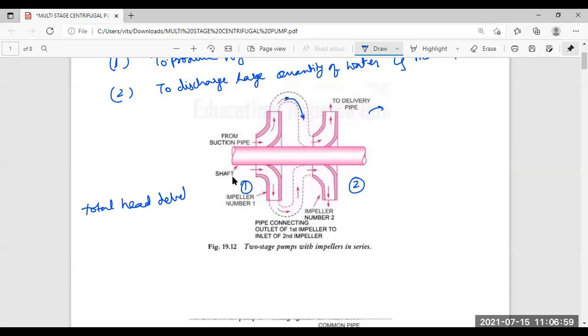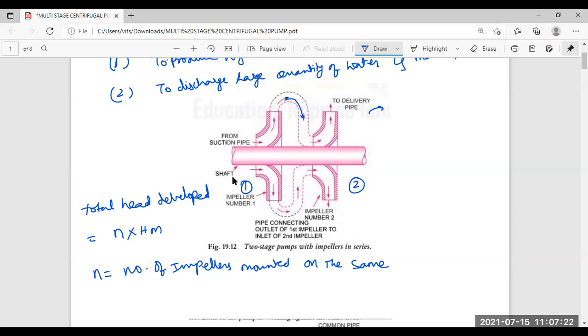Total head developed is equal to N into HM, where N is the number of impellers mounted on the same shaft and HM is the head developed by each impeller.